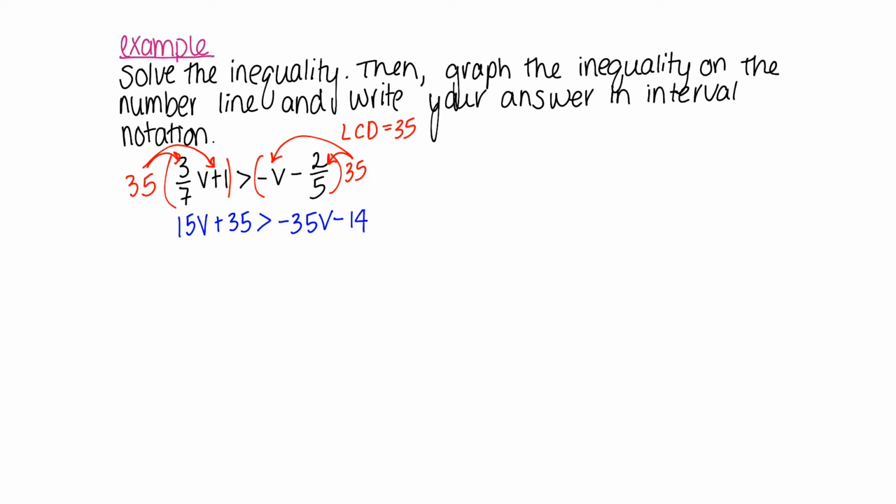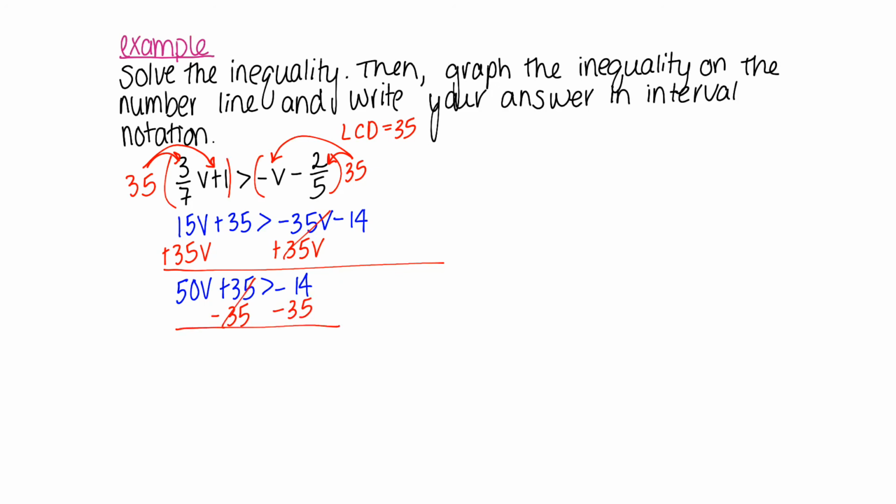I'm going to put my v's on the left-hand side, so adding 35v to both sides. 15v plus 35v is going to give me 50v plus 35 greater than negative 14. Subtracting 35 off both sides.